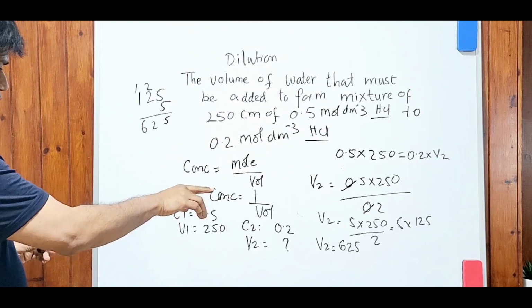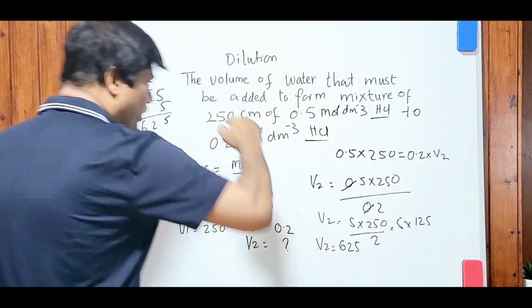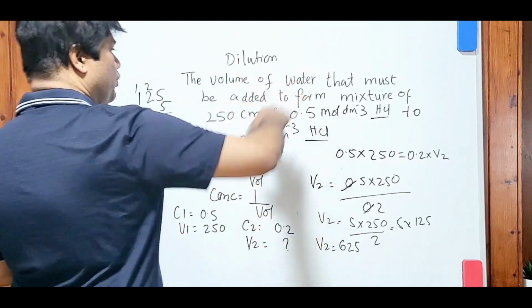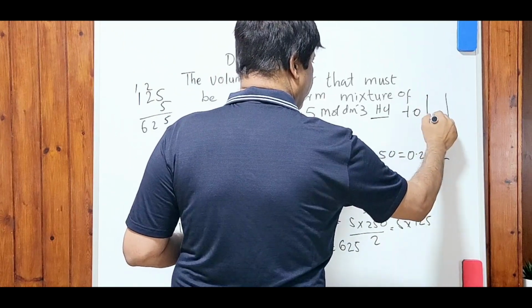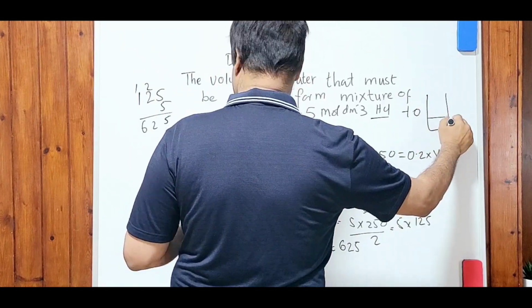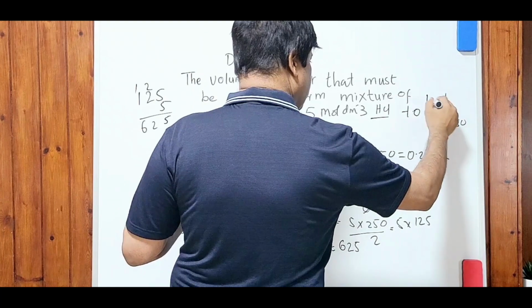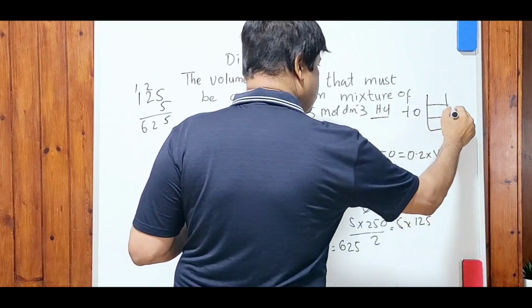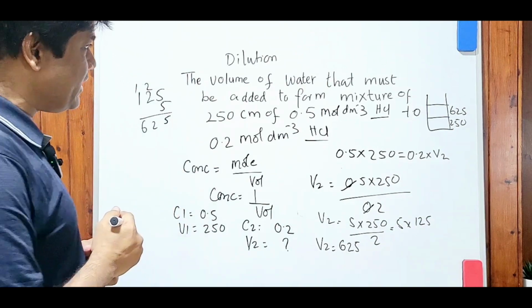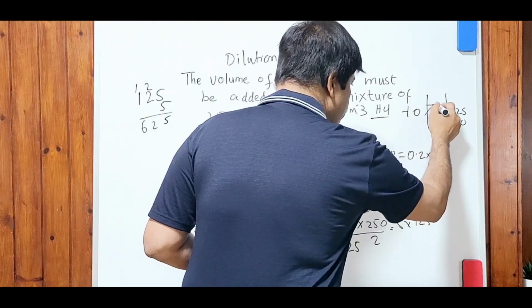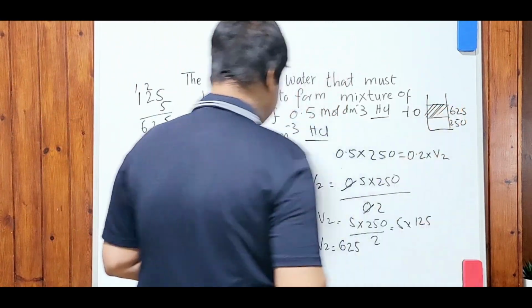This is not the volume of the water added. This is V2. Look at that picture. We have a volume which is 250 and the final volume is 625. How can we work out the volume of the water added? So this much is the volume of the water added.